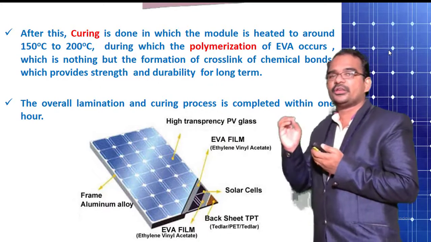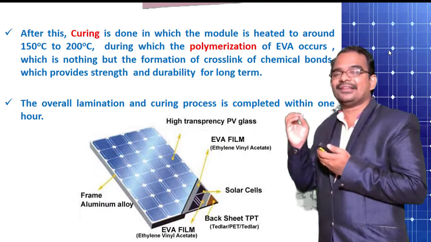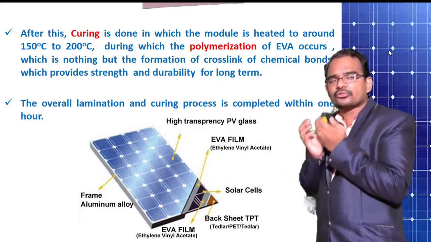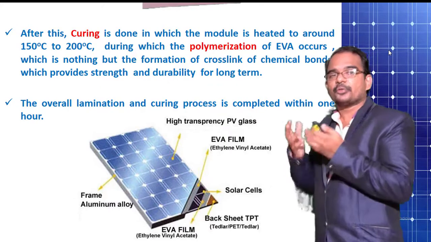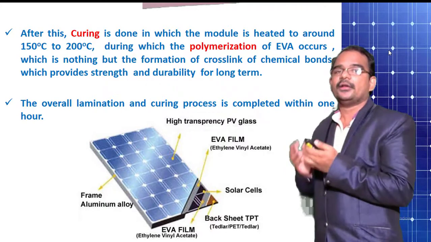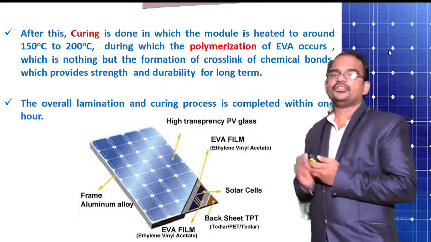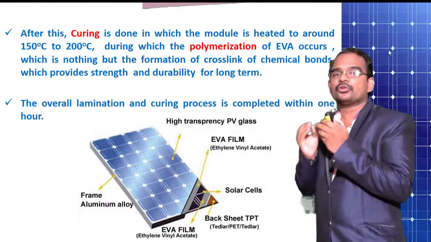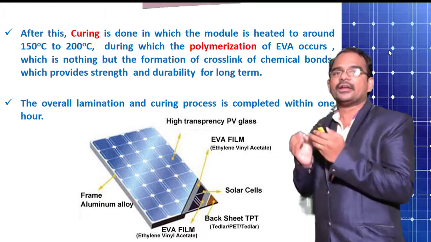Polymerization is nothing but the formation of cross links of chemical bonds, which provide strength and durability. So this curing process is done in order to provide strength and durability for the solar panels for a long term.